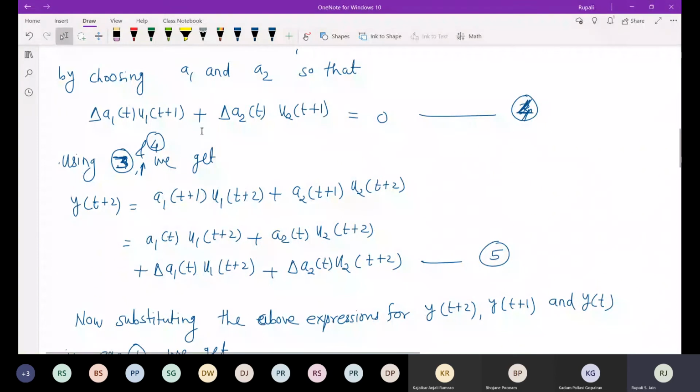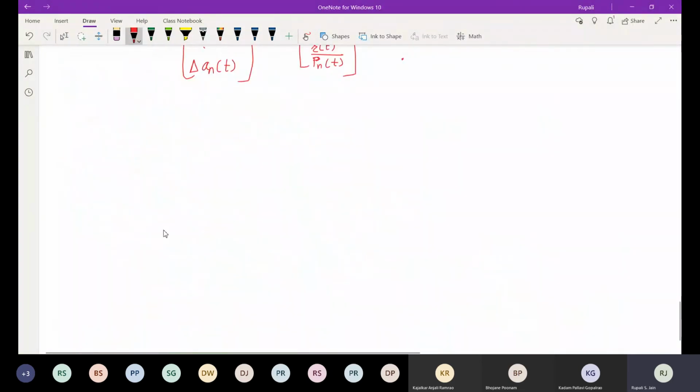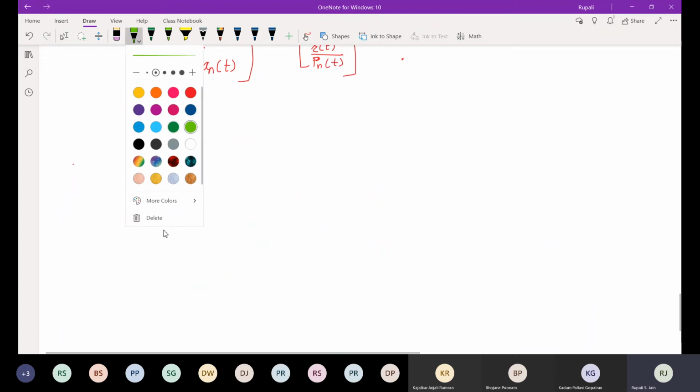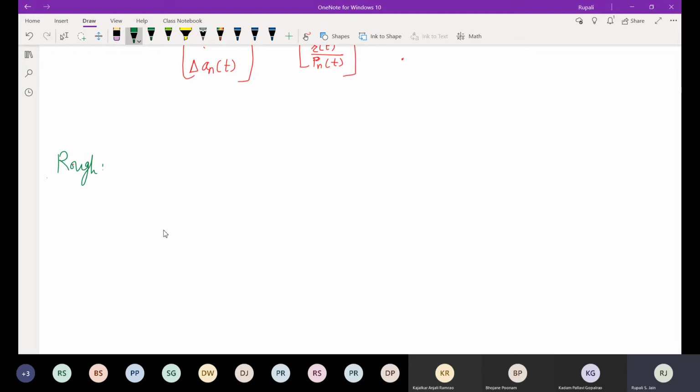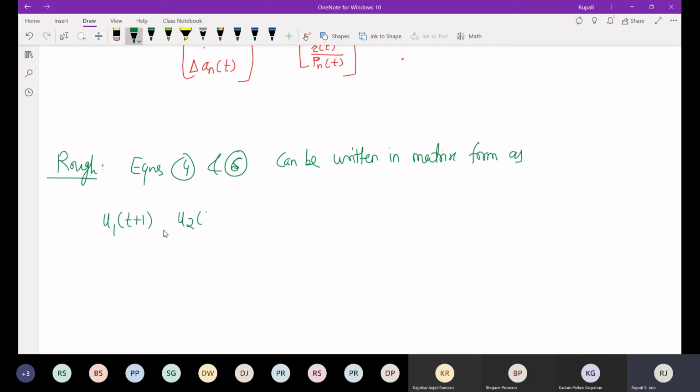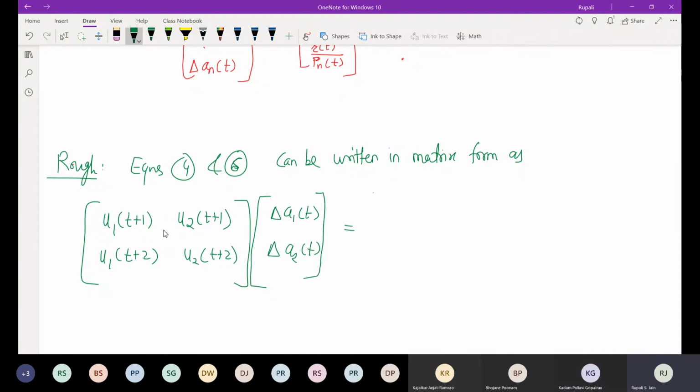The system of equations 4 and 6 can be written in matrix form as: u1(t+1), u2(t+1), u1(t+2), u2(t+2), into delta A1t, delta A2t, which is equal to 0 and R(t) divided by P2(t).